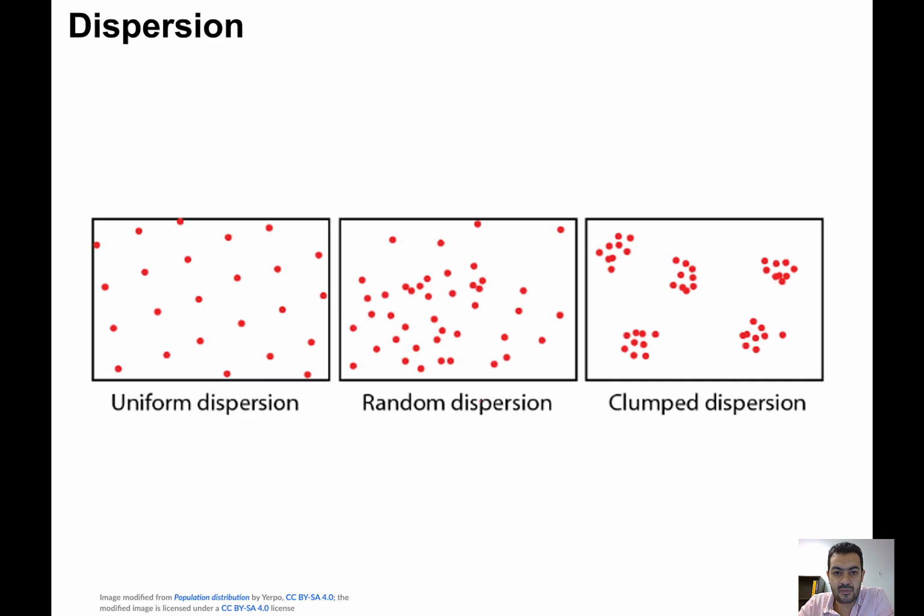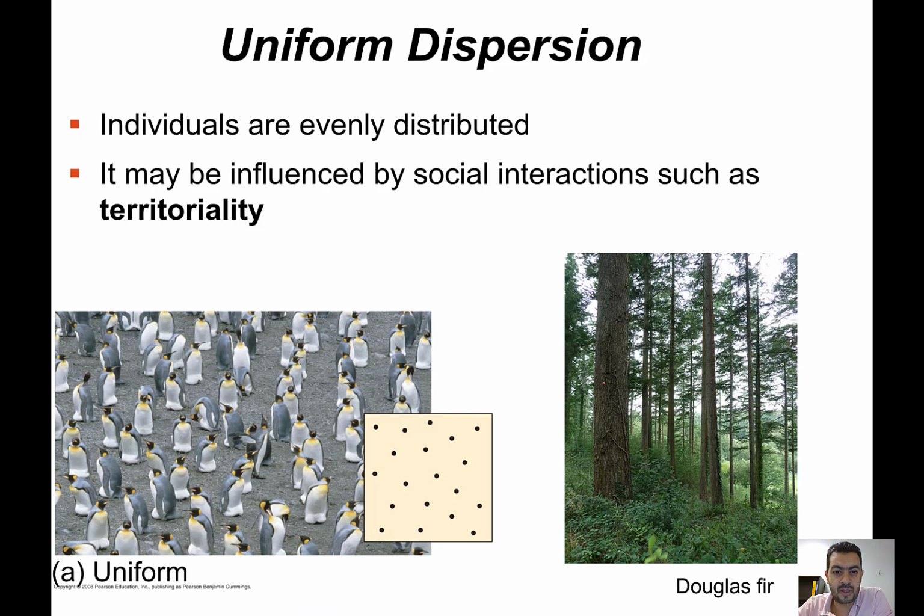We have the random dispersion, where they don't really follow a certain pattern. They are dispersed randomly in the boundaries. The third one is the clumped dispersion, where we see aggregates or clumps or groups of individuals within that boundary.